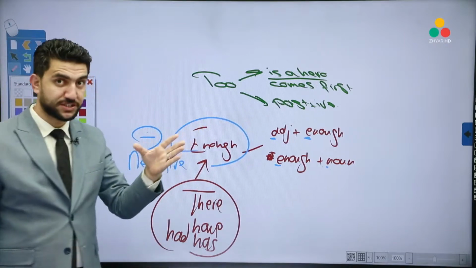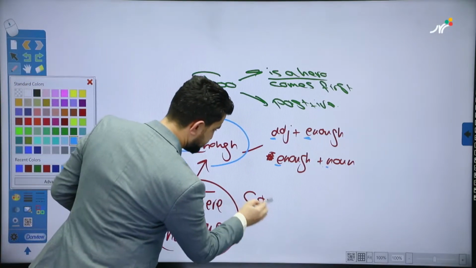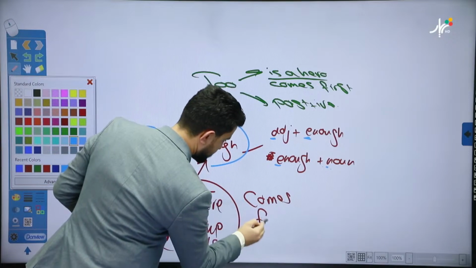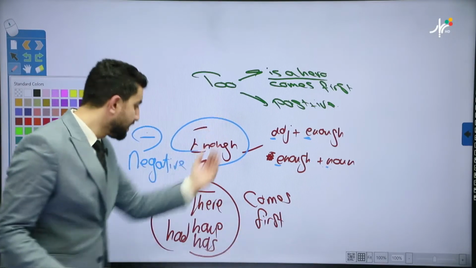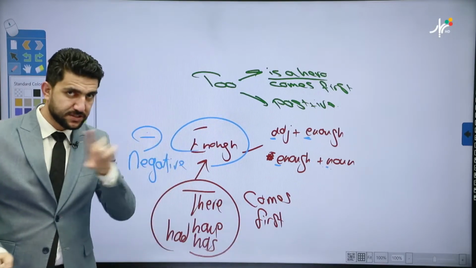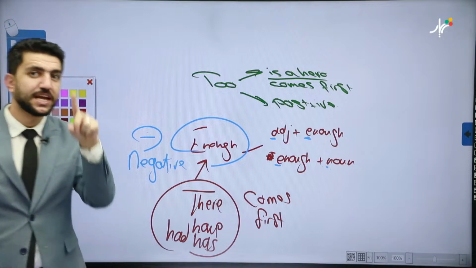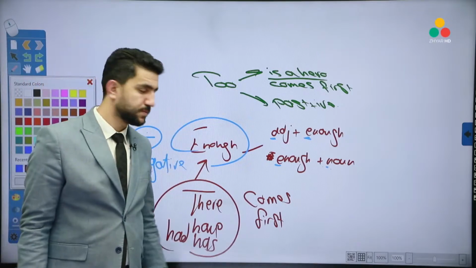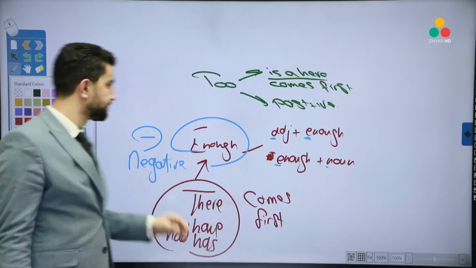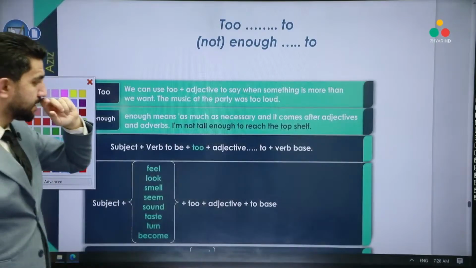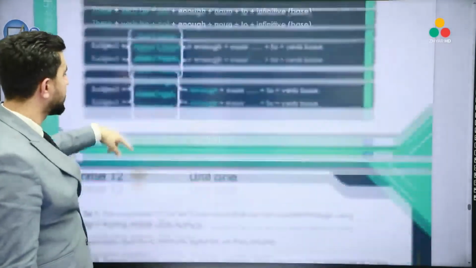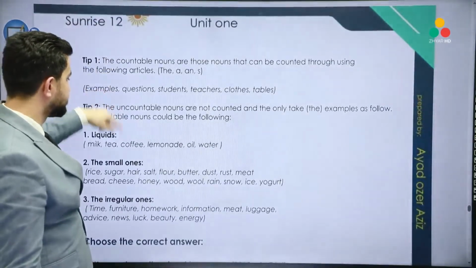So enough comes first. When enough is not with there and have and has, enough is not hero. Okay? Enough goes after. Let's take a look at some examples.